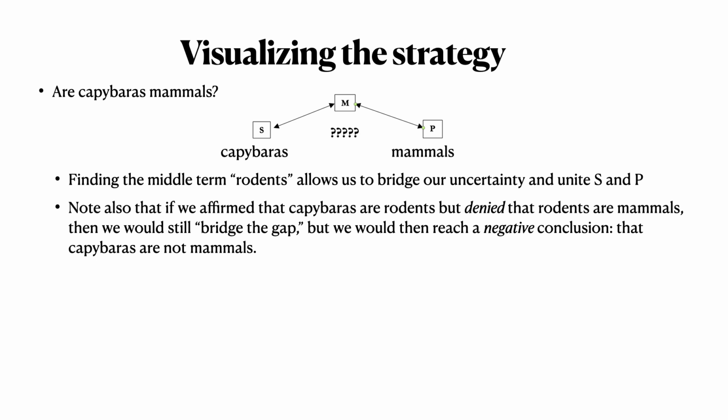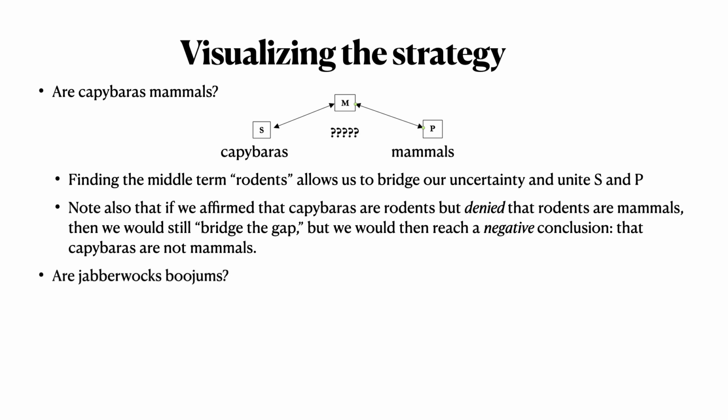In other words, and you might not understand this until we get through with section 7.3, there's a difference between a failure to make a connection through the middle term, which is very bad and undermines the whole syllogism, or when you absolutely do make the connection, but the connection shows that the middle term is not equivalent to the major or the minor. That's why we have the principle of reciprocal identity and also the principle of reciprocal non-identity. So when we make the link, making the link in either an affirmative or a negative way will still bridge the gap of our uncertainty.